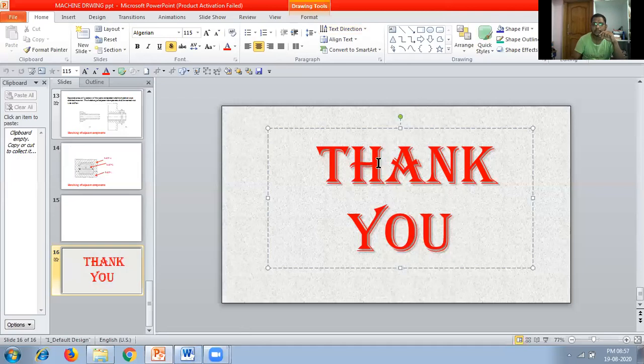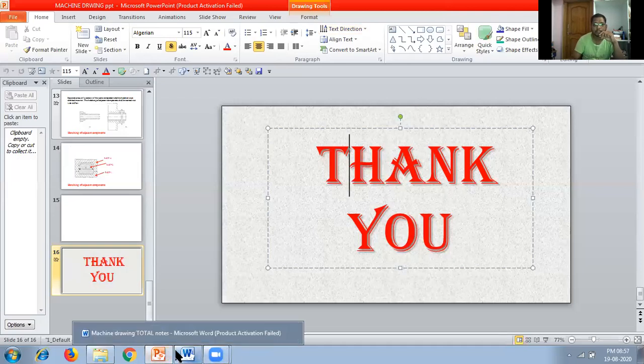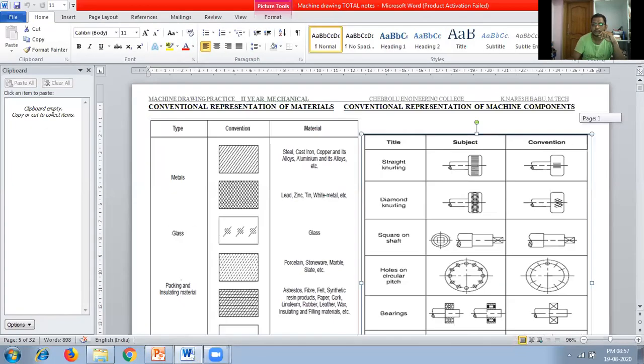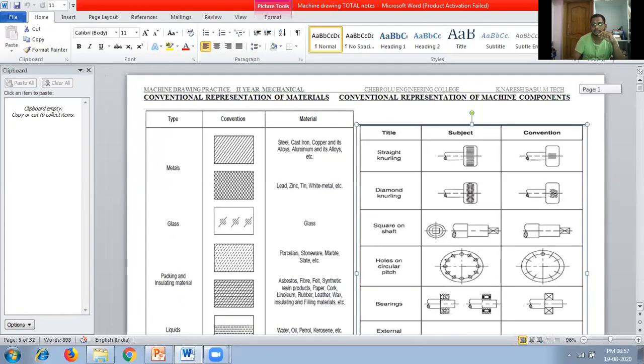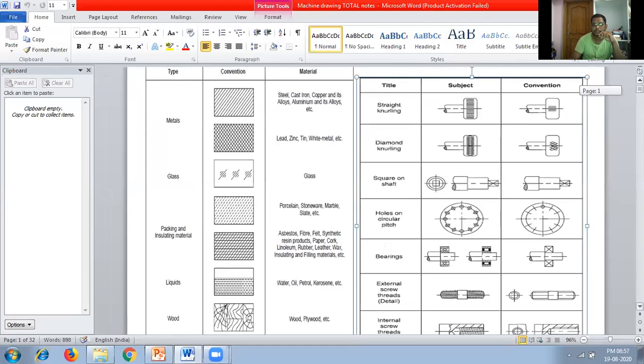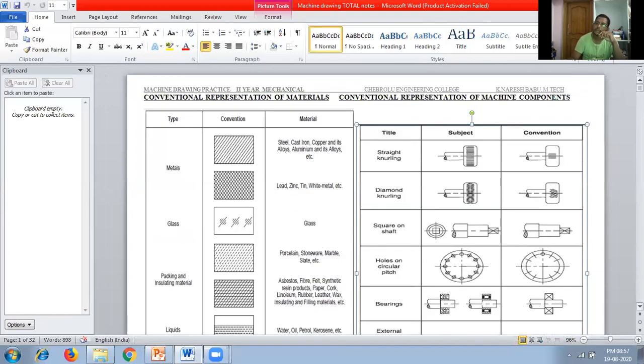Now I am showing examples for machine drawing. These are the examples for machine drawing problems. In the question paper, it consists of two parts, part A and part B. Part A has part drawings and part B has assembly drawings.